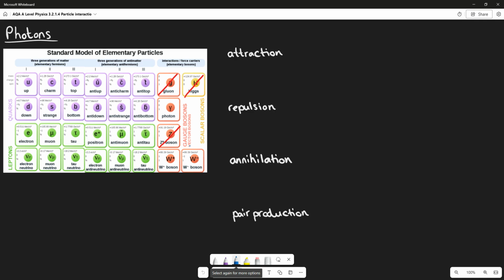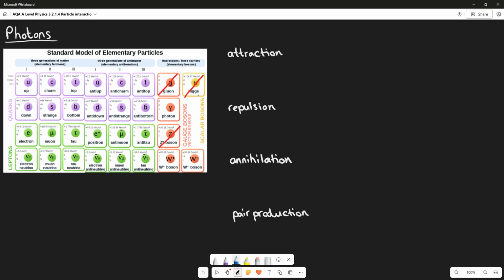Okay, first thing we're going to talk about though is the photon, which is the exchange particle or the force carrier for the electromagnetic force. That's the force responsible for attraction, repulsion, annihilation, and pair production. Now you remember that a photon or light has two components to it: the electromagnetic, consisting of the electric and the magnetic, and they are at 90 degrees to each other, and you might be familiar with a diagram that looks like that.